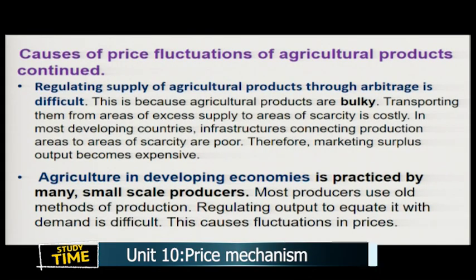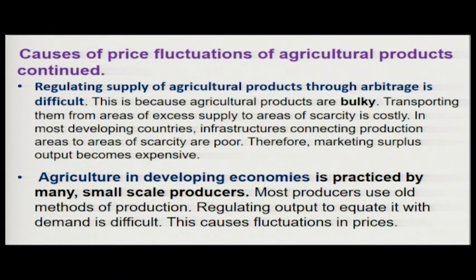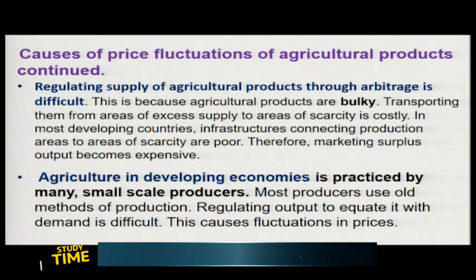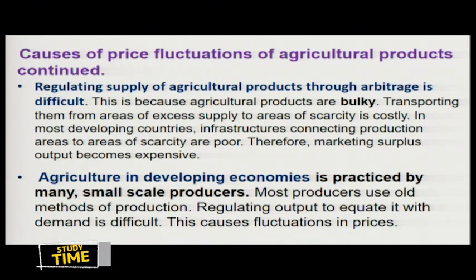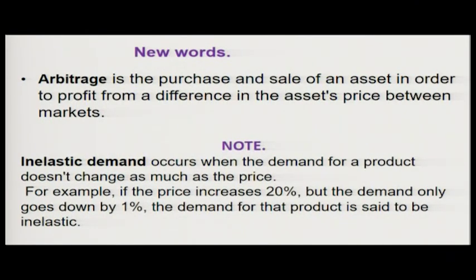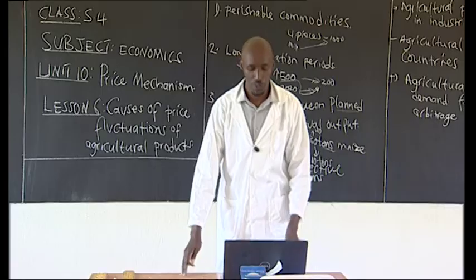So that one cannot work. Still, our agriculture in developing economies is done on a smaller scale and with farmers that are doing subsistence. And you find that we are getting little products. That's leading the prices to increase.